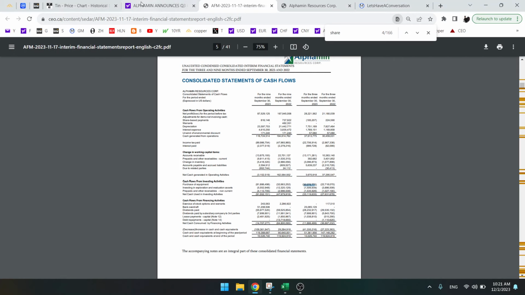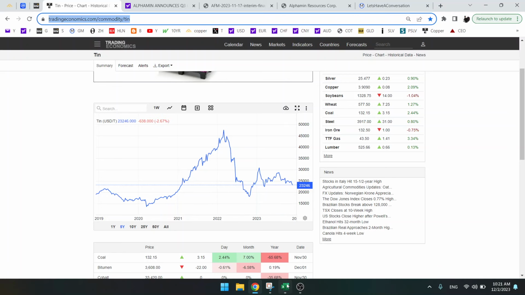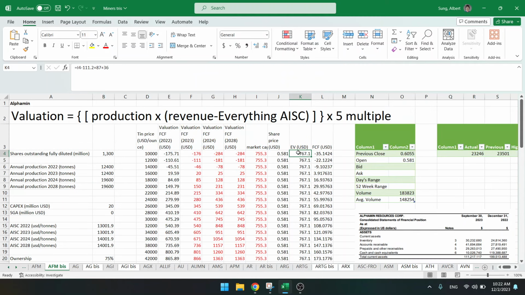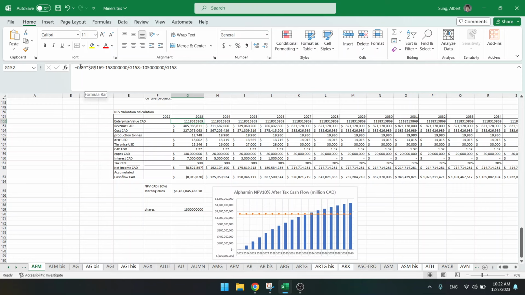The current tin price is 23,246, and EV was very complicated, divided by, this is in CAD. What's this number?